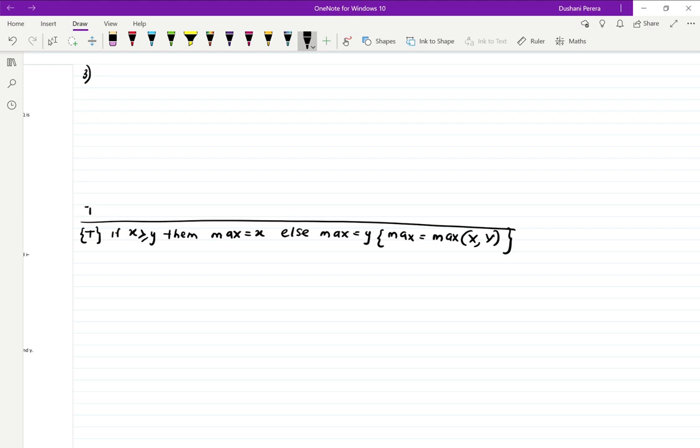So initially we need to have P and C condition. Condition is x is greater than or equal to y. P and C S1. Then we have Q, max equals max xy.